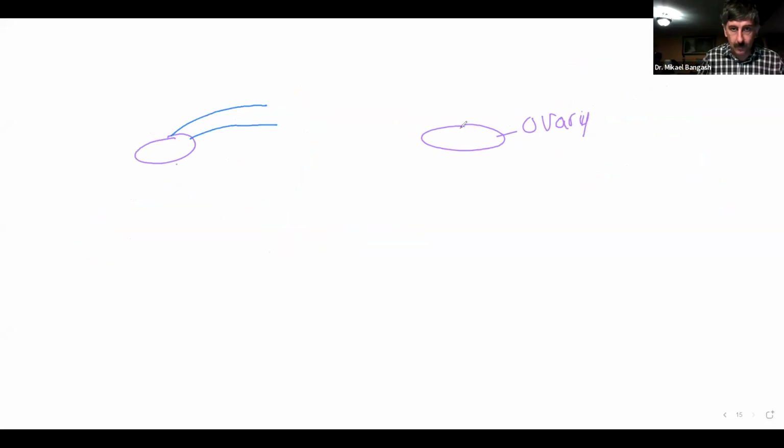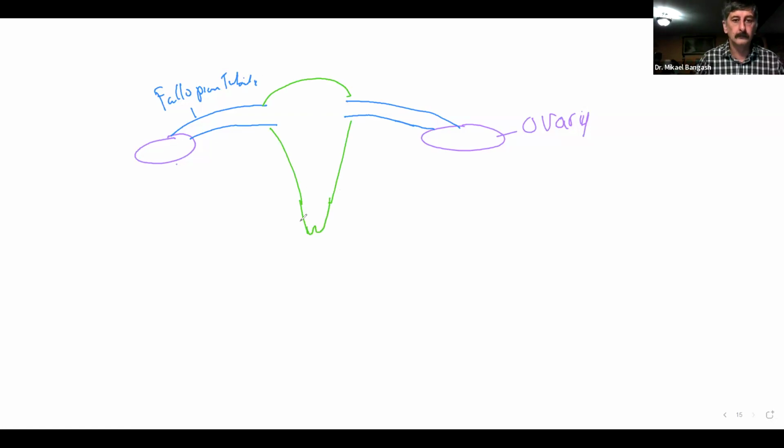We can say it's the fallopian tubule, or uterine tubule, whichever. And we said we had the uterus. And just so you guys are on the same page, this here is going to be the vagina.